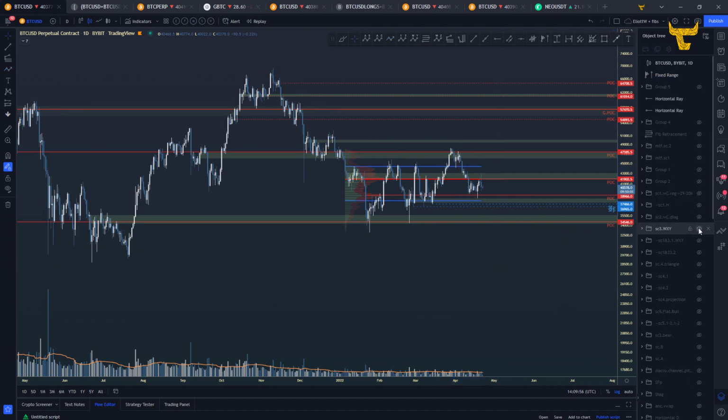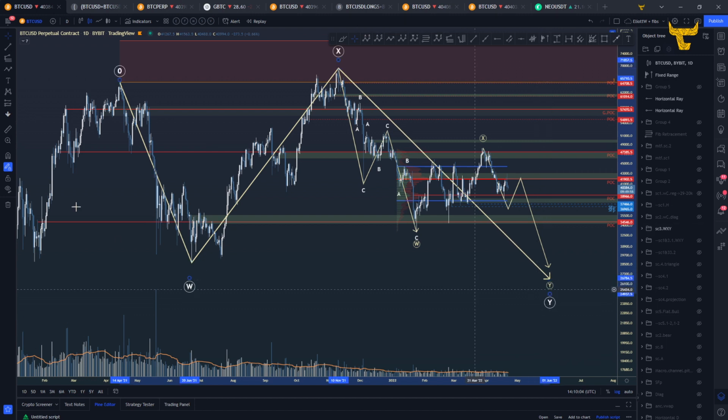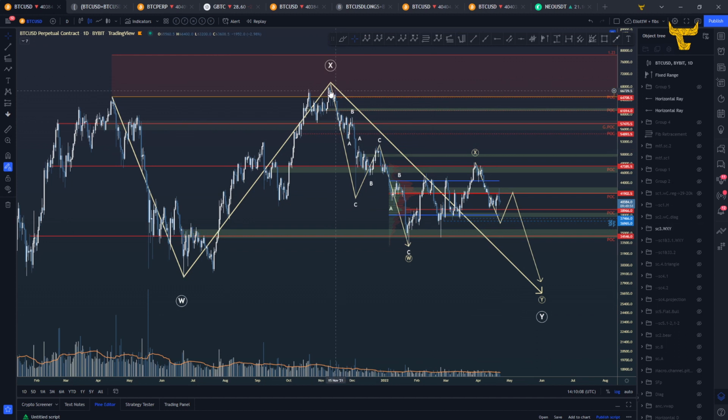Scenario 3, one I like pretty much. It's a variant of an expanding flat, there, but subdivided in WXY.